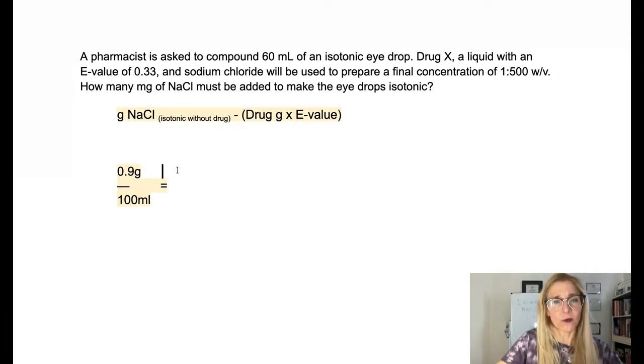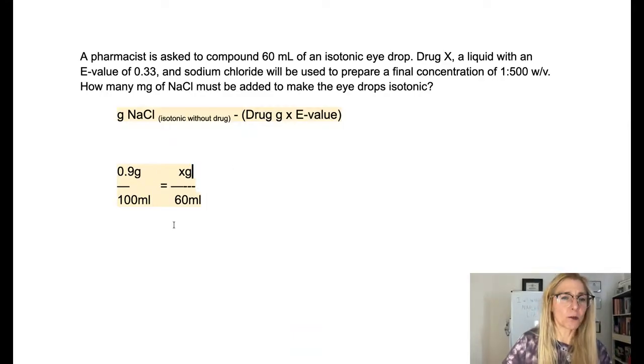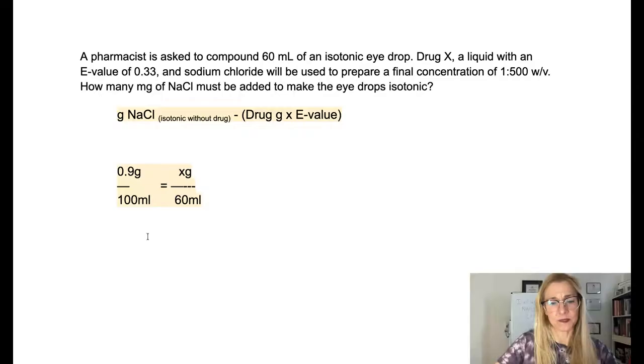So what we're looking for is how many grams would be needed to make 60 milliliters isotonic. So let's go ahead and cross multiply and divide. I'll take 60 times 0.9 divided by 100. And I get 0.54.